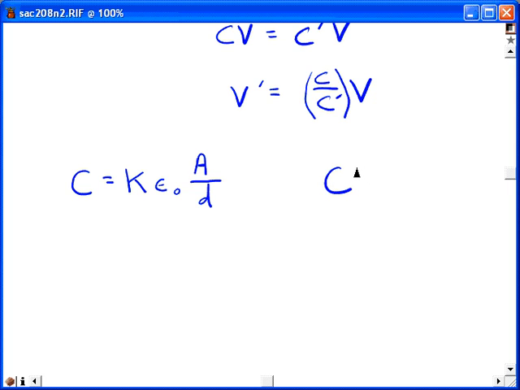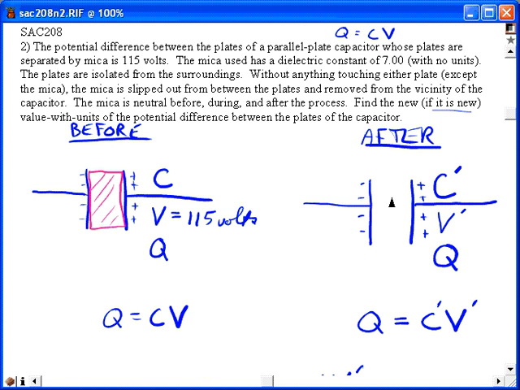So over in the after picture, we've got a different capacitance, really just because the dielectric constant is different. We'll call the dielectric constant in the after picture K prime, and over here in the before picture I'll call that K. So K is the dielectric constant for mica, and that's given as 7.00. It's got no units.